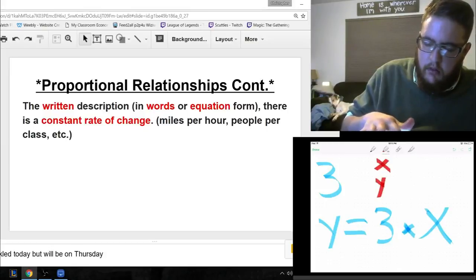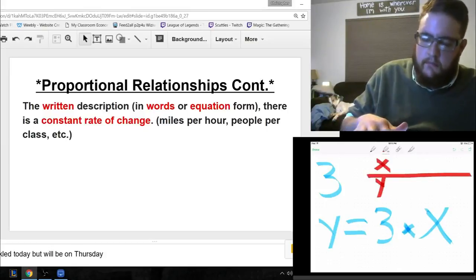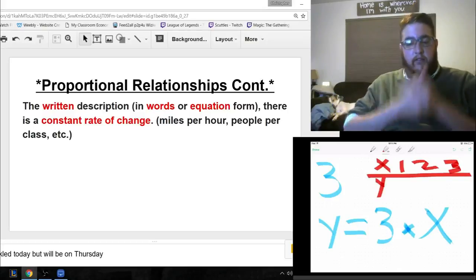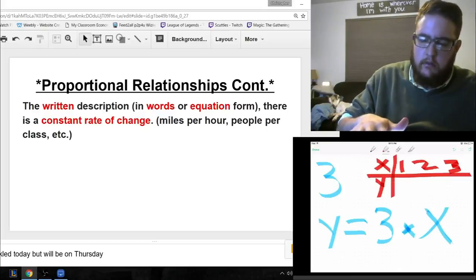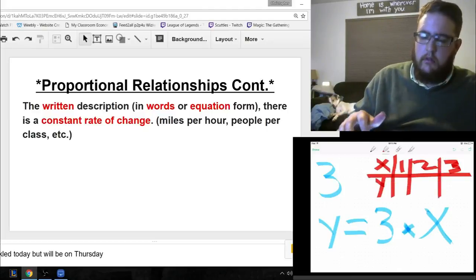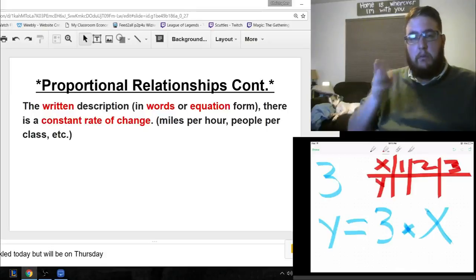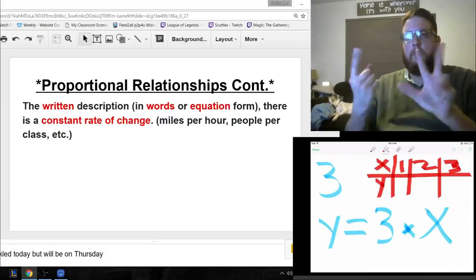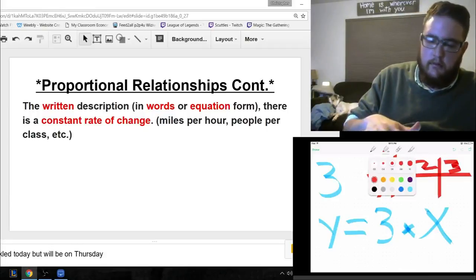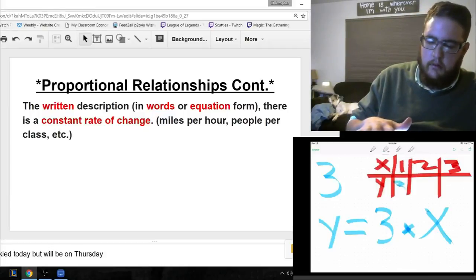So if we take the table we had before and just plug in the x values, let's say we only knew the x values. For each one of those x values, if we substitute them in for the blue x, we should be able to use our constant rate of change to determine our y value. So our first x value is 1, and we're going to throw that into our equation in place of the blue x.